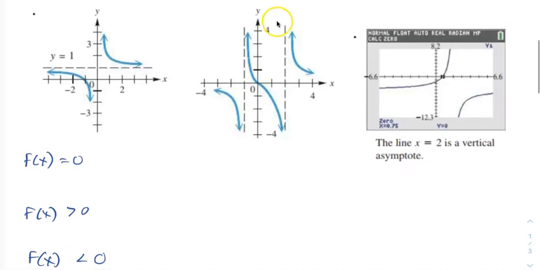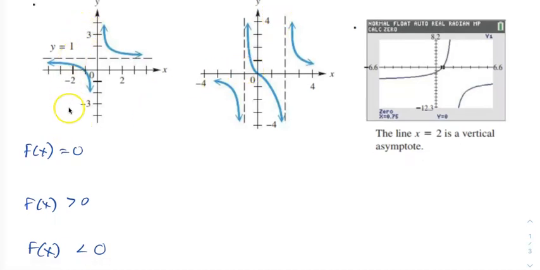By looking at the graph, f of x equals 0 where it has an x-intercept, right here, only at one spot. That looks like -1. Where is f of x greater than 0? Well, look at our graph. Here's 0. You're greater than 0 right here, so this would be -infinity all the way to -1.